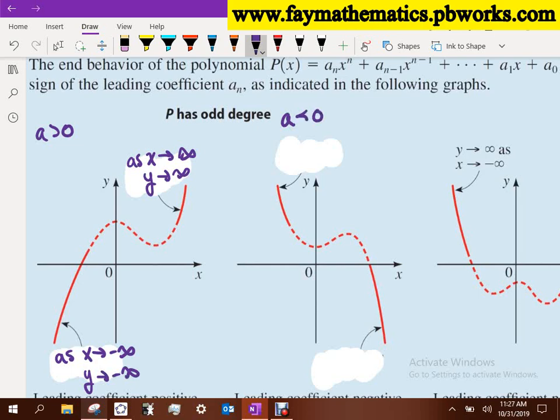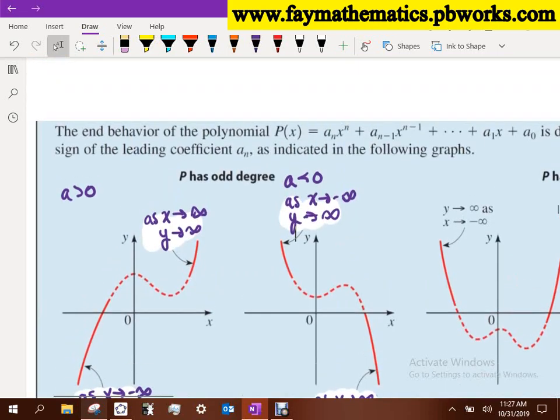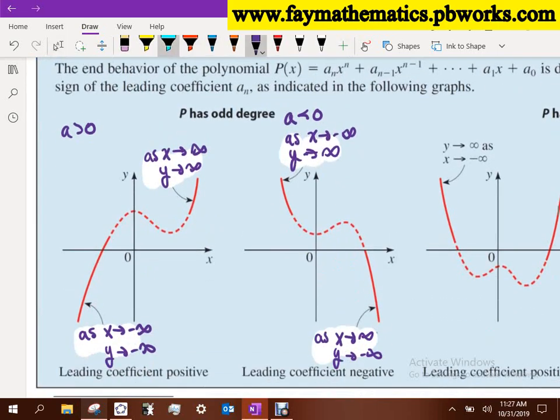This one here, A has got to be what? Less than 0. A is negative here. Okay, so my coefficient of my polynomial, my leading term, is negative. So here as x is going to infinity, where's y going? Negative infinity. Here as x is going to negative infinity, y is going to infinity. And that's based off then, guys, every polynomial that is of that form.